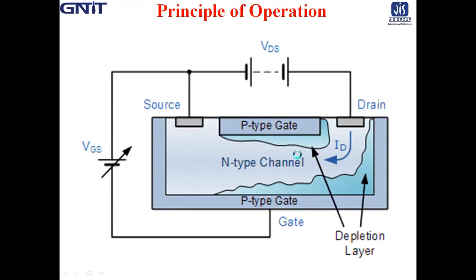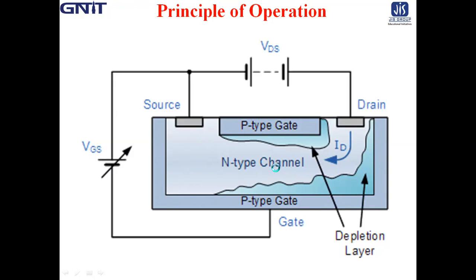Now, if VGS be made negative, the depletion layer width increases with increasing reverse bias. Thus, the effective channel width through which the current flows in the bar decreases with increasing reverse bias VGS.